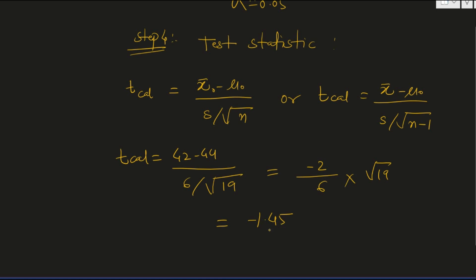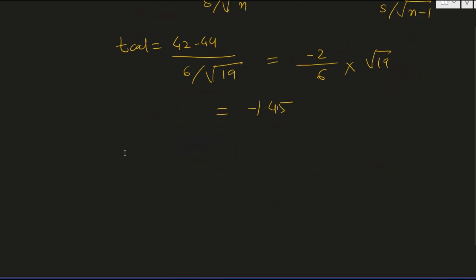If we take the absolute value of t calculated, it will be 1.45. Now step 5.